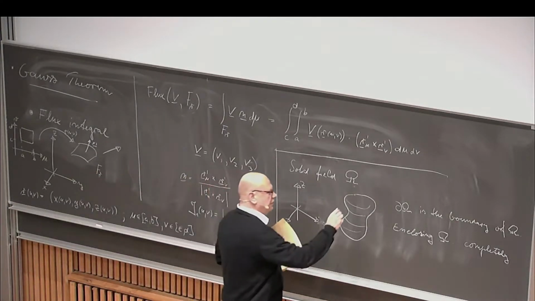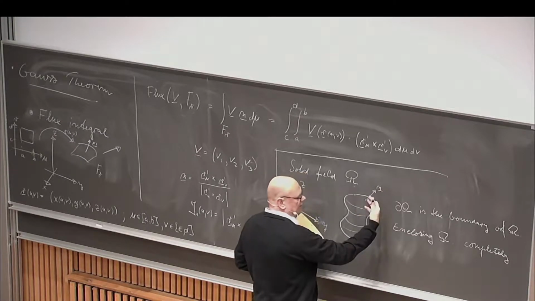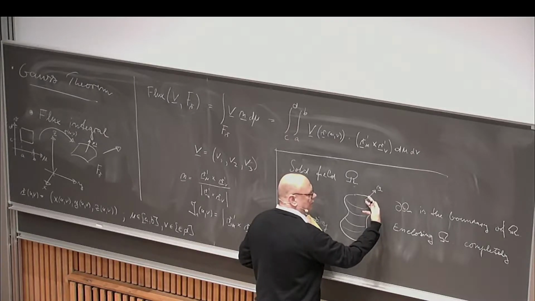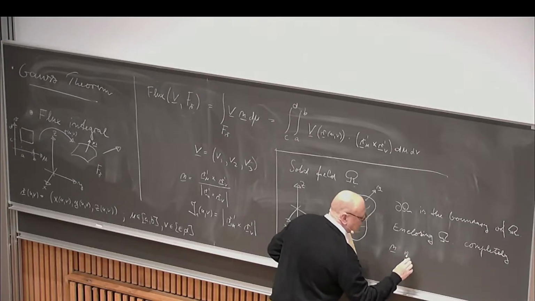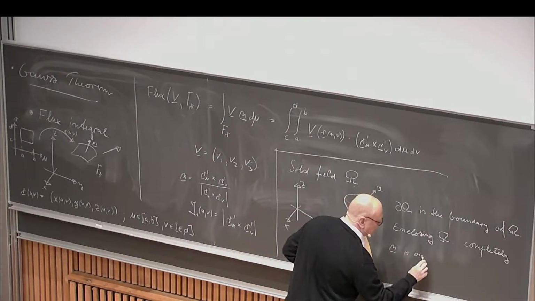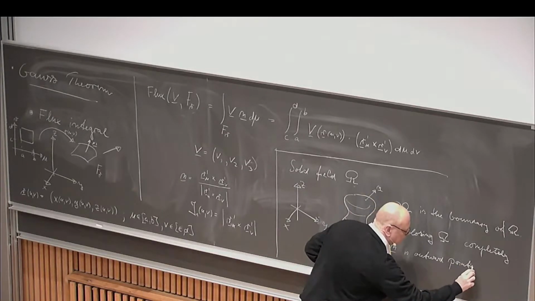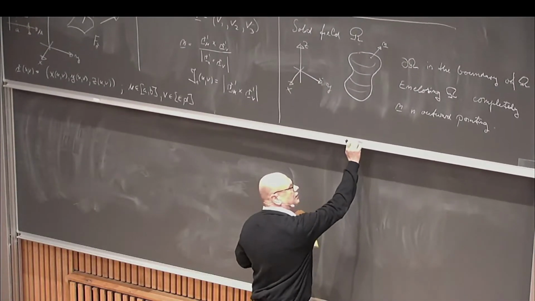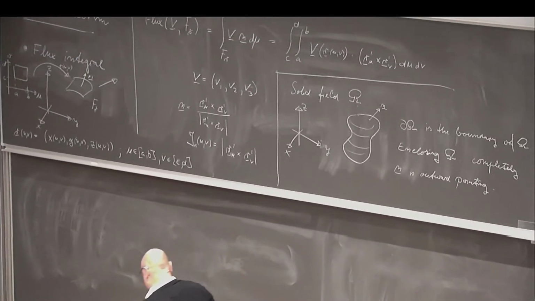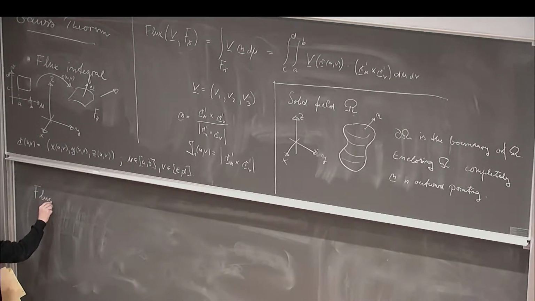Also, it is important for the theorem that I'm going to write down in a while, that you have an outward pointing normal vector, or normal unit vector is outward pointing. So if this is the case, this is what we're looking for.